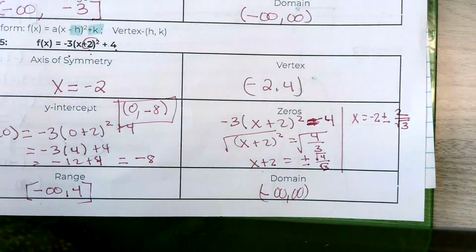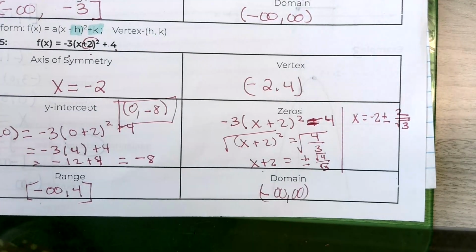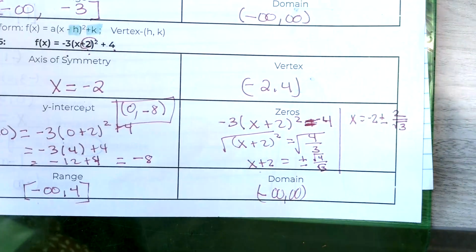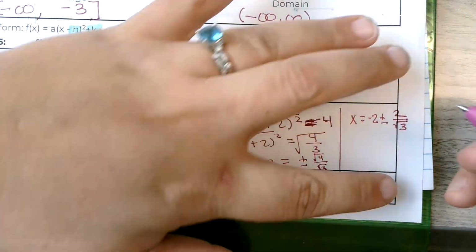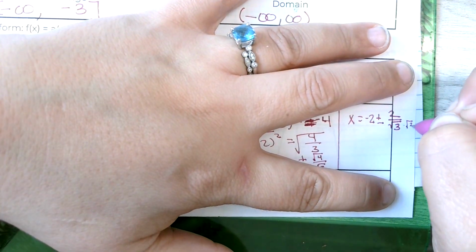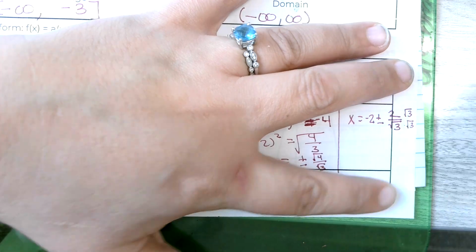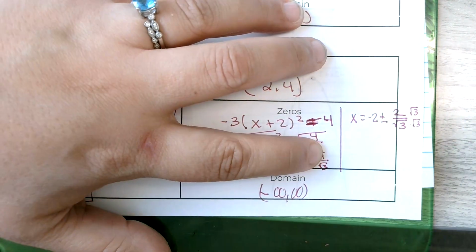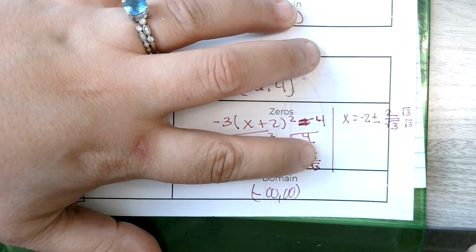Now, I would love to say, stop, you're done. You cannot leave that square root of 3 in the denominator. I mean, you can. It's fine. It's just bad math. To get rid of it, we multiply the denominator by square root of 3, multiply the numerator by square root of 3, and that gives us just the 3.